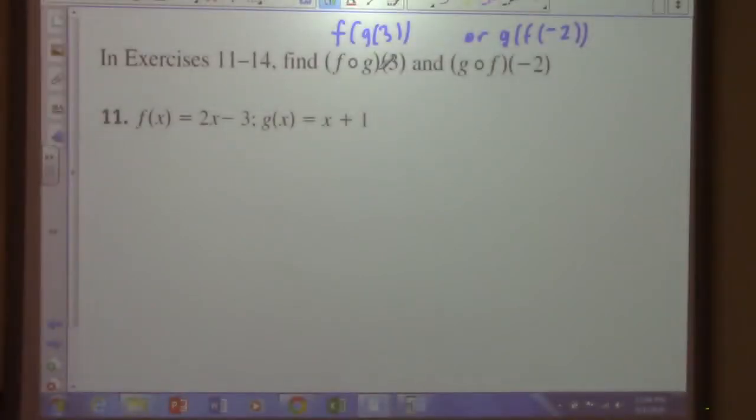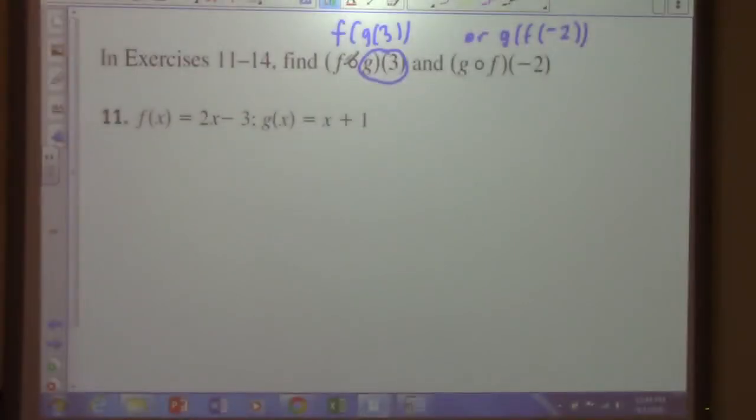Yeah, so this goes back to that function machine we were looking at yesterday. Remember that? So the first thing we're going to do is take this 3 and put it through this g. So g of 3 is equal to 3 plus 1, right? So g of 3 is equal to 4.